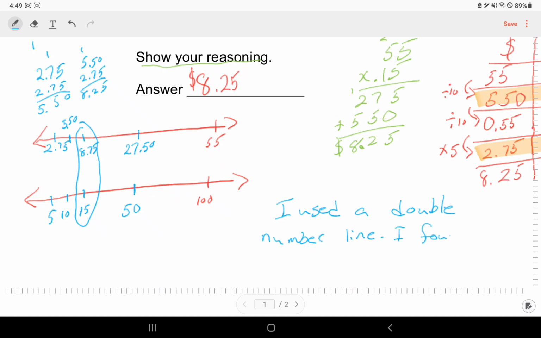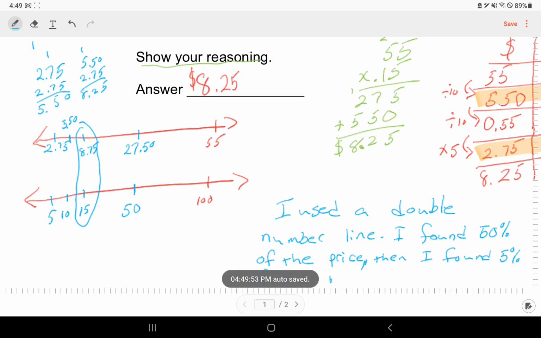I found 50% of the price. Then I found 5% of the price.